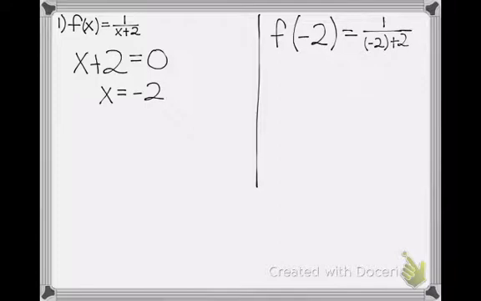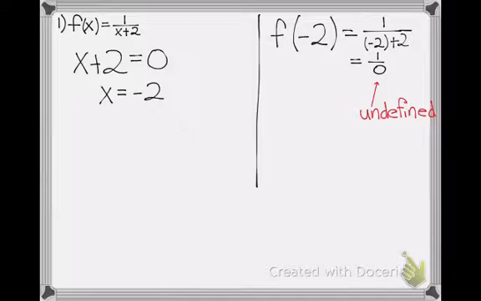Now, when you simplify the denominator, you get 0, and that's a problem because we get 1 divided by 0. This quantity here is undefined. It simply does not have meaning.